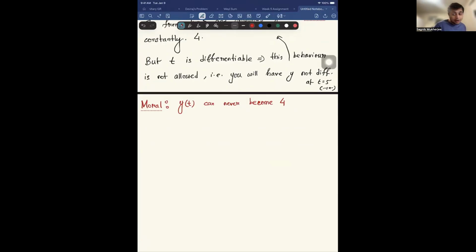So what will happen to the graph of y? You all know what we call it. If you draw the graph of y, you start from here.